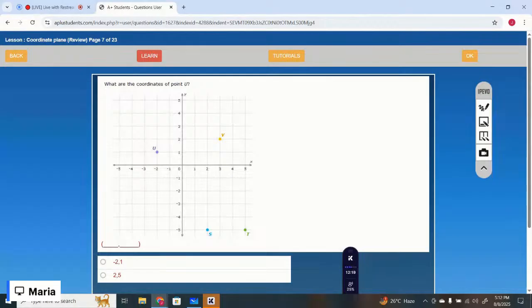What are the coordinates of the point U? The point U has the coordinates -2 and 1.